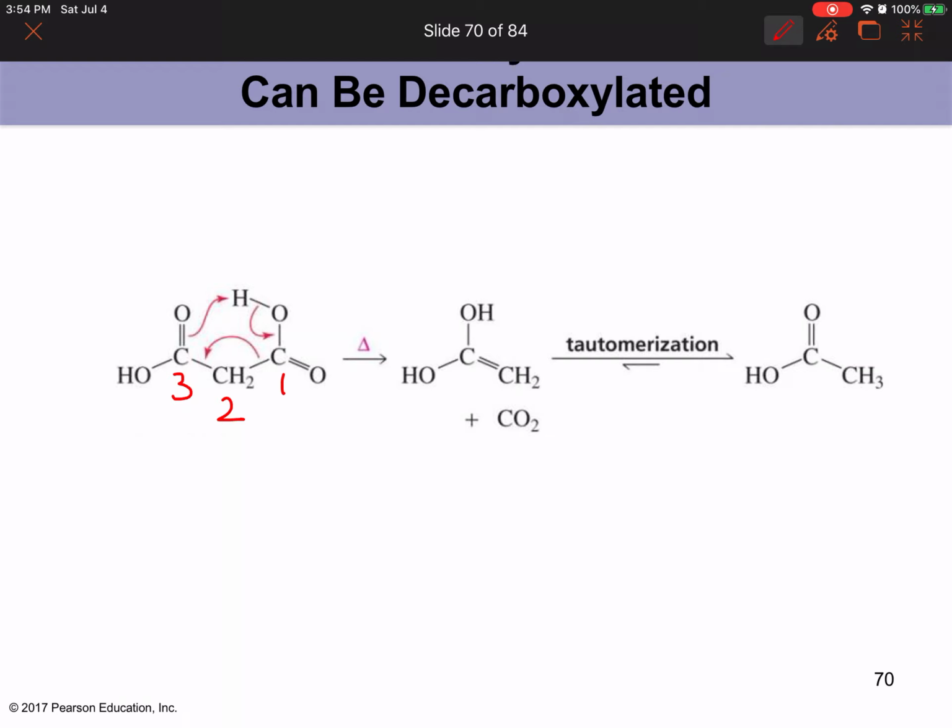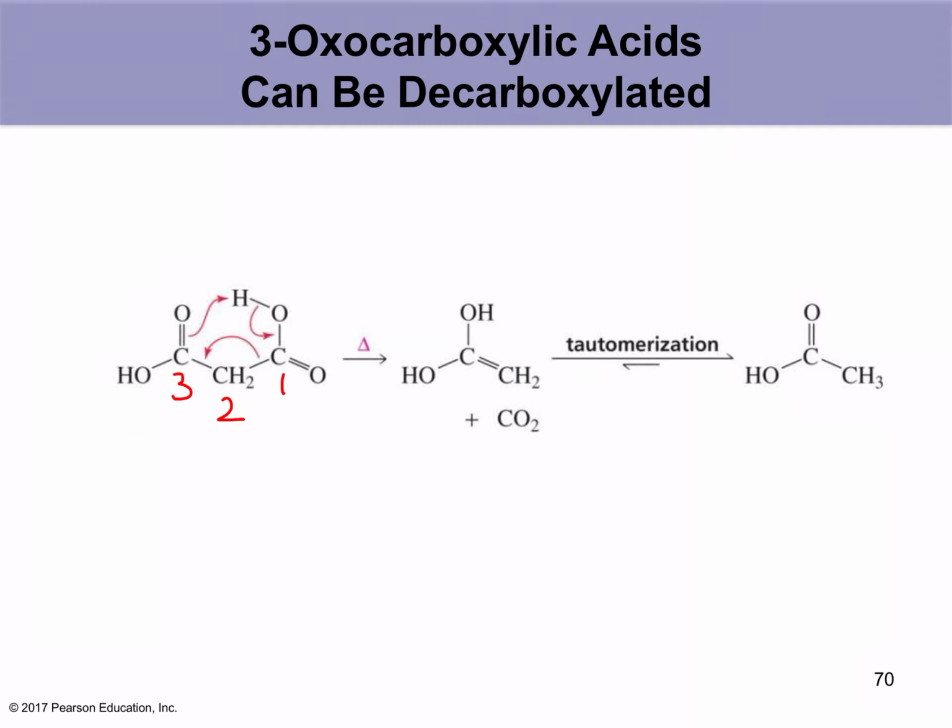So 3-oxocarboxylic acids can be decarboxylated. So 3-oxo here, carboxylic acid. Now earlier we had an alkyl group here. Now we have an OH group. So for the same thing, when you heat it up, a carbon dioxide molecule can be lost.